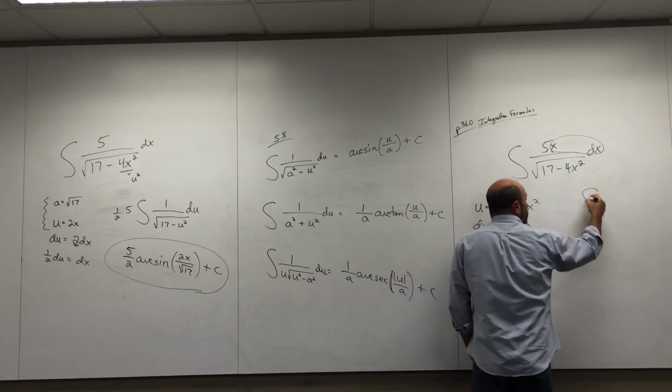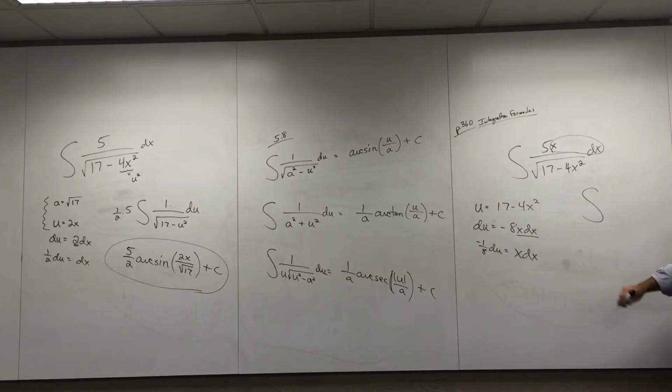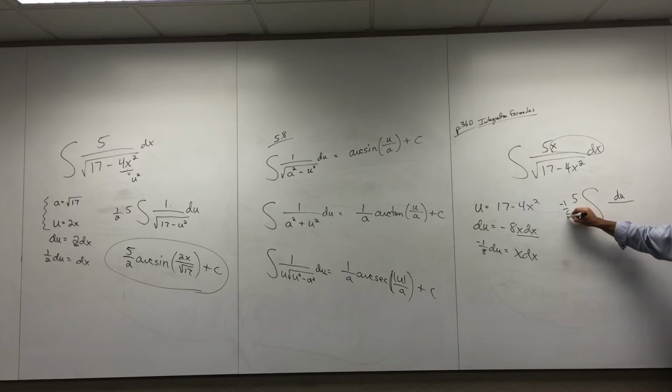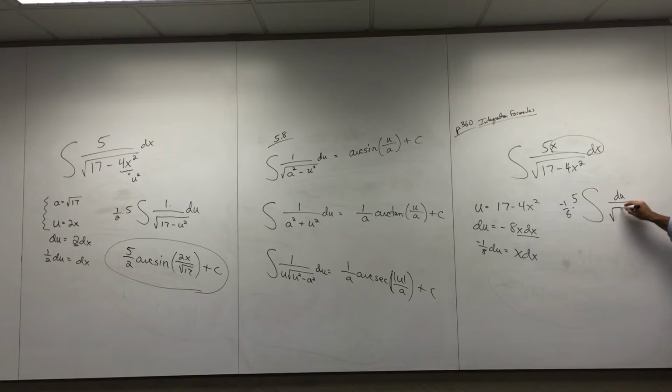Here we go. What about the 5? Pull it out front. What about the circled x dx? Negative 1/8 du. What about the denominator? Square root of u.